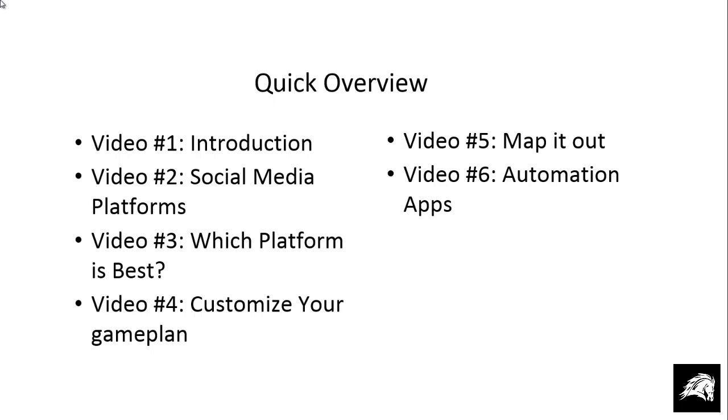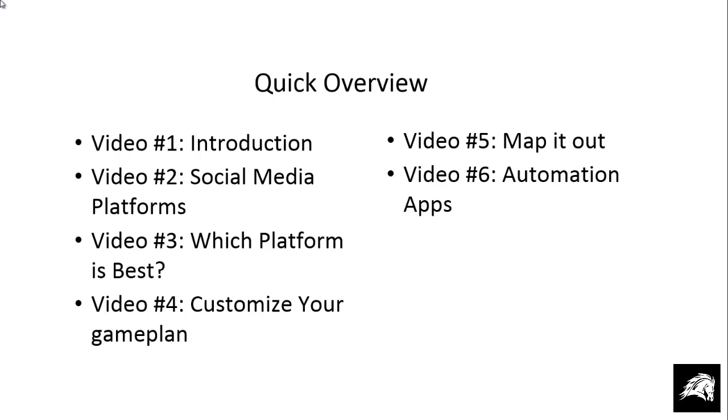And of course, last but not least, once you have mapped it out, we're going to talk about automation apps. There are many different apps out there that will allow you to automate your social media presence. For example, if you posted an image or content to Facebook, you could create automation that would copy that information to your Twitter, to your Instagram, and to other social media platforms as well.